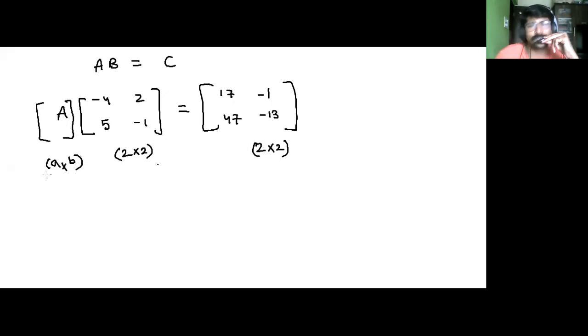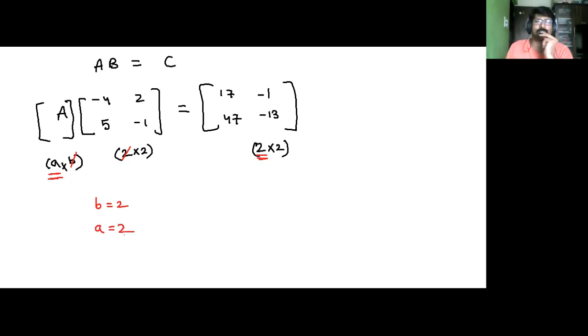Now, how to figure out the values of A and B? So simple. Look at this, guys. These middle two numbers have to be the same, isn't it? So B is equal to 2. And what about this A? A also has to be 2, because A over here has to be the same as the 2 of the resultant matrix. So A will be 2.